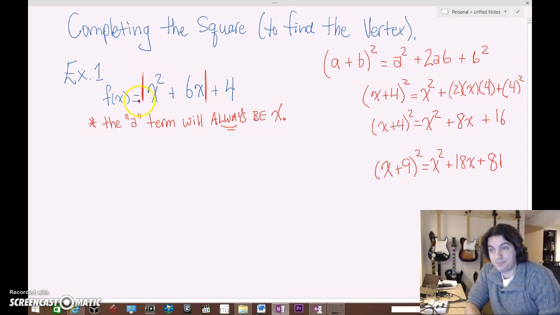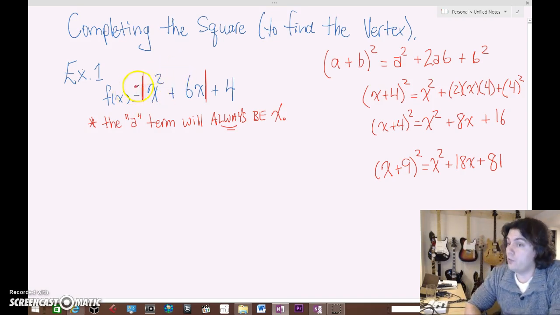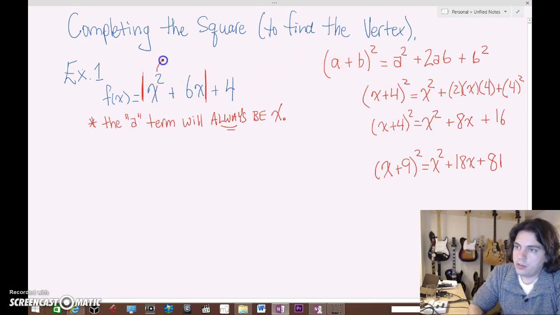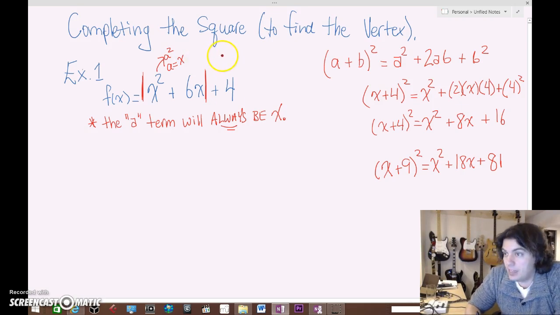And in fact, if there were a number in front of this x squared, we would factor it out first. So your a is always easy. It's always going to be x plus a number squared. So this is a squared. Therefore, a is equal to x. Easy enough, right? Now this term is 2ab.